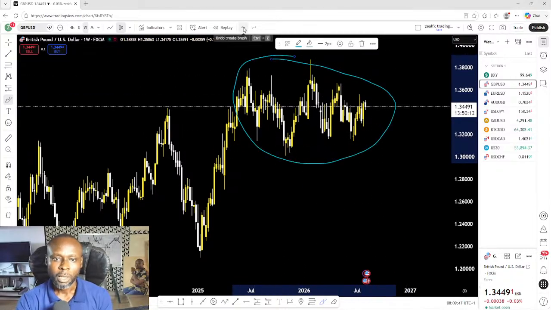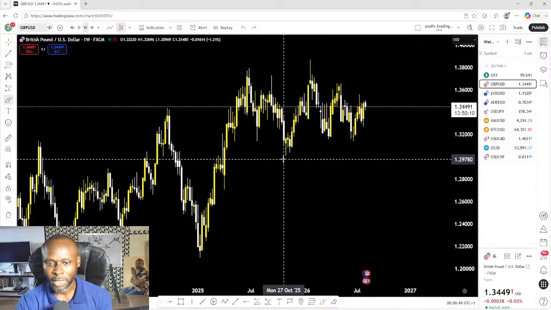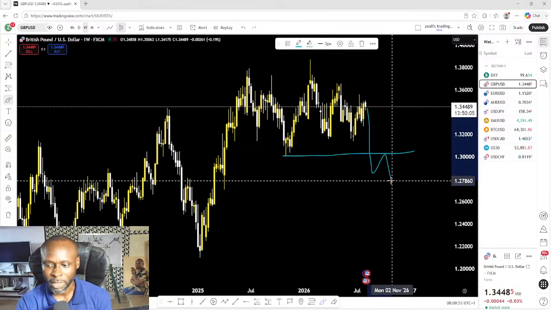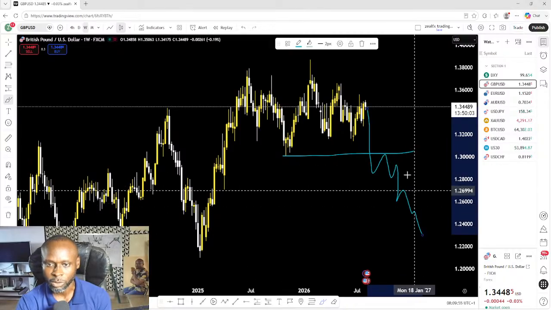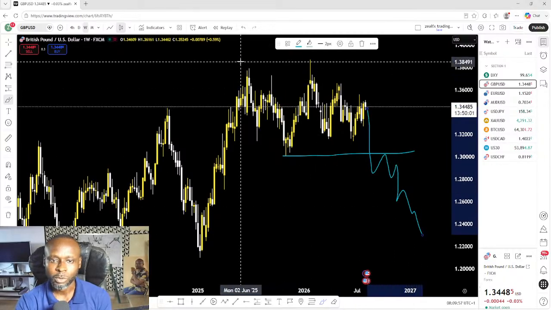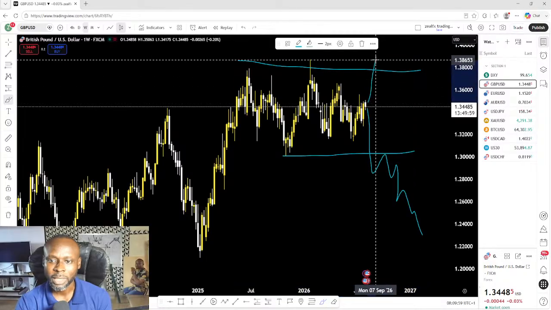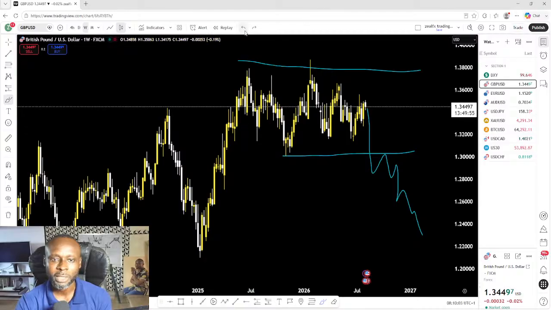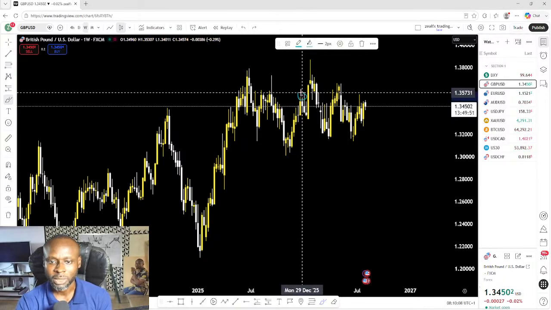For pound USD now, I want price to take out all this sideways trend before I start looking for selling opportunities. While for the buying opportunity, I also want price to take out this level before I start looking for buying opportunities. For now, I don't have anything to do with pound USD.